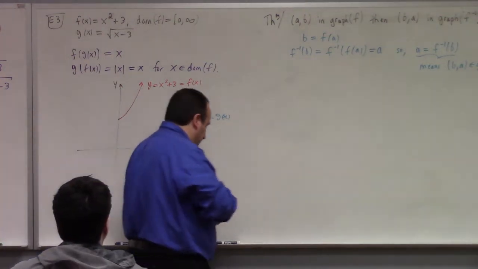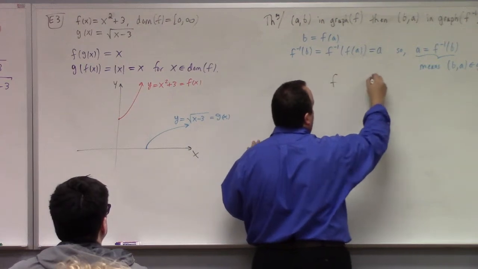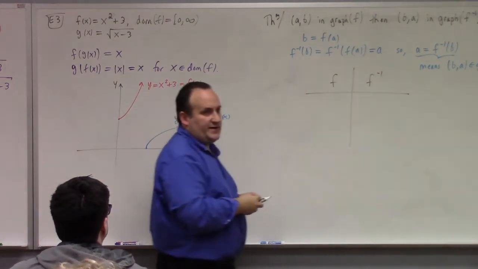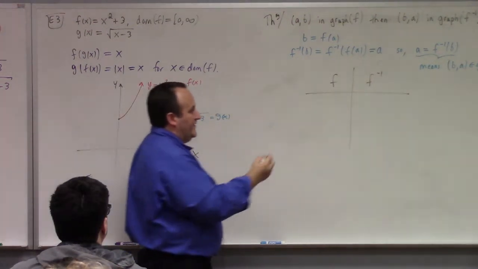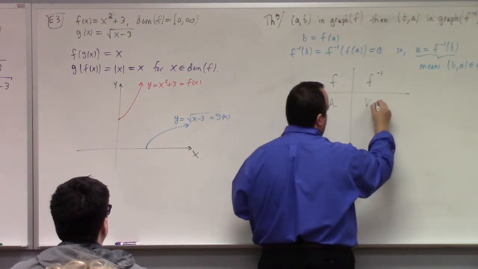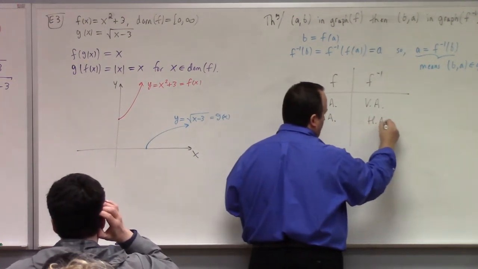The more important thing here is we can organize our thinking tabularly like this. You've got f, you've got f inverse. If you've got a horizontal asymptote over here, you get a vertical asymptote over there. If you've got a vertical asymptote here, you get a horizontal asymptote over there.